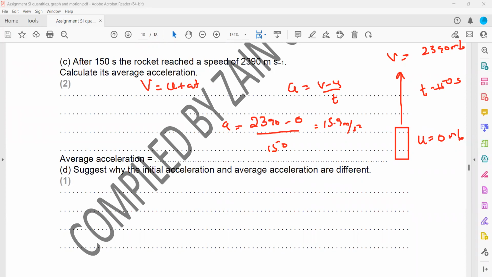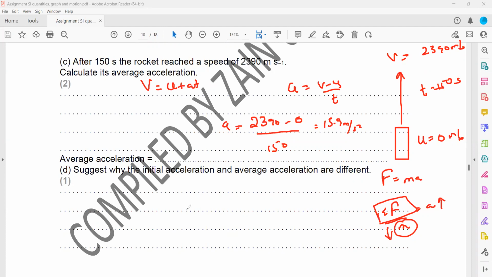If the mass is continuously changing, its acceleration will also change, as we have the formula F = ma, so F divided by m is equal to a. The mass is decreasing, so the acceleration will increase if the resultant force is constant. That's why the average acceleration and the initial acceleration are different from each other.